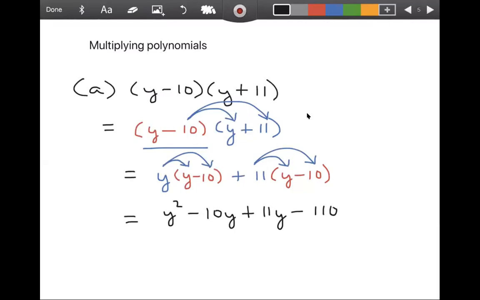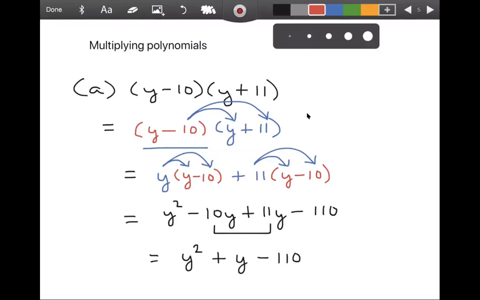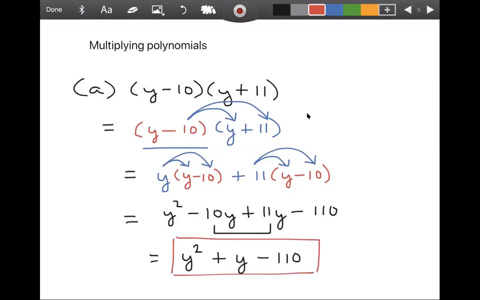In this case, we have negative 10y plus 11y. Since negative 10 plus 11 is positive 1, I can combine those terms into plus 1y, which we usually write as plus y. All right, so my final answer is y squared plus y minus 110.